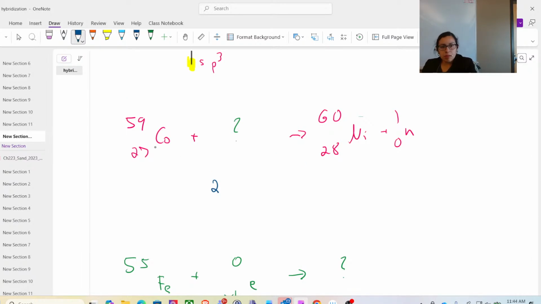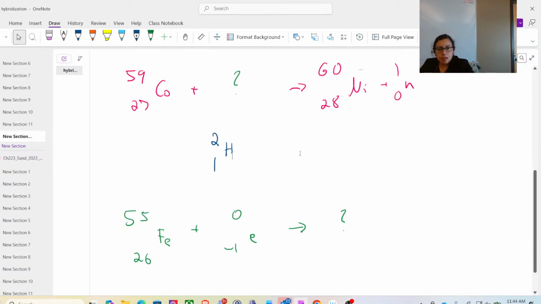And then what's missing on bottom? 1. And so this matches with hydrogen. Kind of a hint at another process: you can initiate a nuclear reaction by bombarding with deuterium. And this is the result of that. Questions on this one?